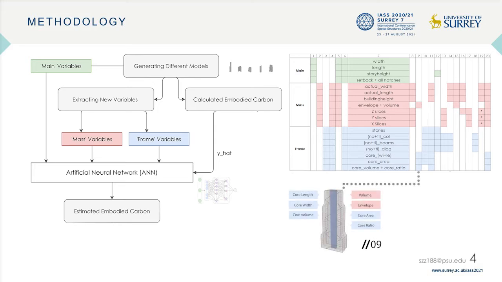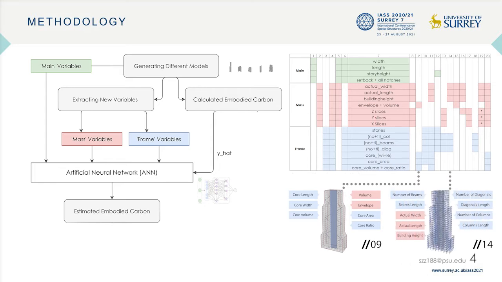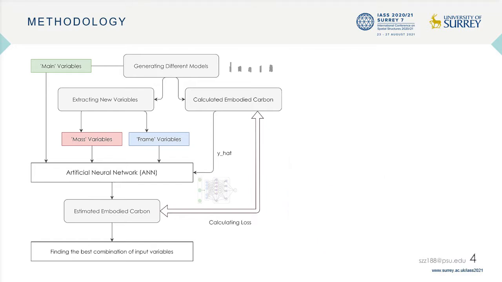Here is a combination of mass and frame variables, index 9, and this one is index 14, another combination including 9 different inputs. We trained the networks, and by comparing the estimated embodied carbon with the calculated one, we can investigate the effect of different input combinations on the prediction process.